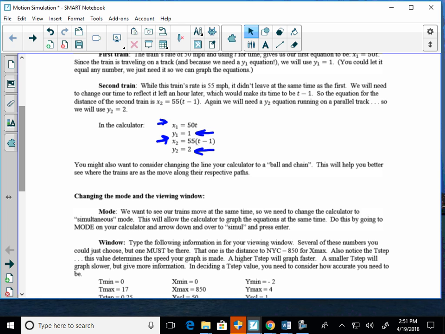For this problem, you need to be in radian mode. Next, go to y equals and put your equations in. So we're going to put into x sub 1, 50t, and x sub 2 is going to be 1.